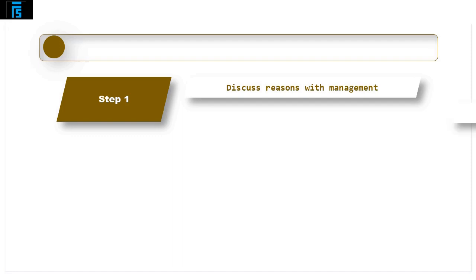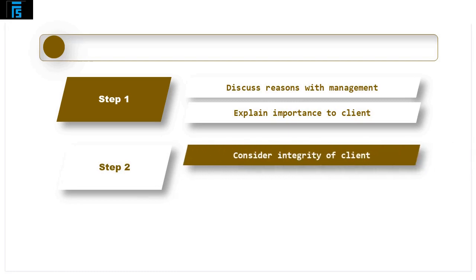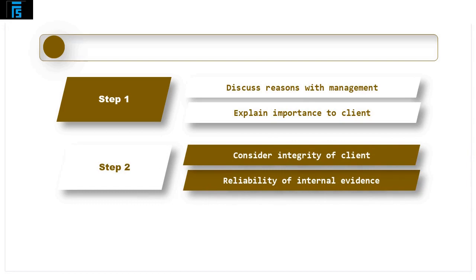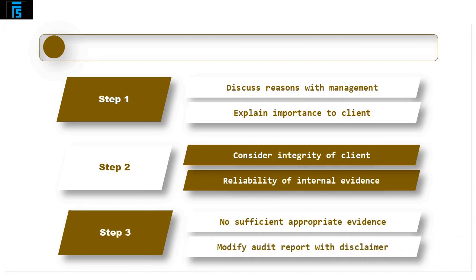They should also explain the importance of them to the client. They should then consider whether client management integrity is impaired and whether other evidence gathered internally from the client may be unreliable. If the client will still not provide the written representation, then the auditors do not have sufficient appropriate evidence. They will therefore modify the audit report with a disclaimer stating that they are unable to form an opinion.